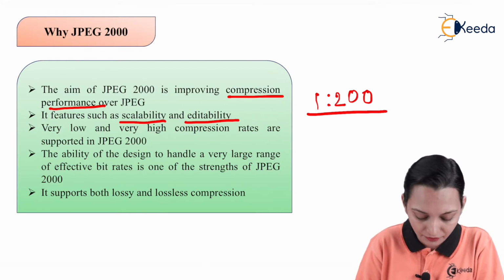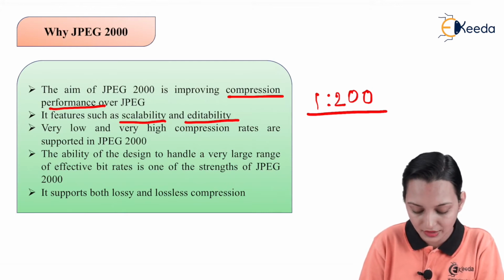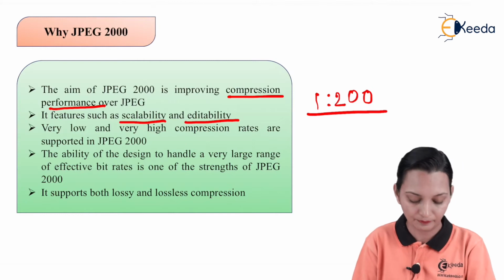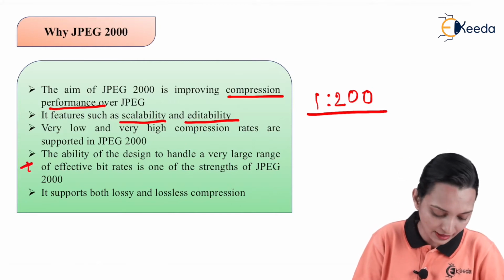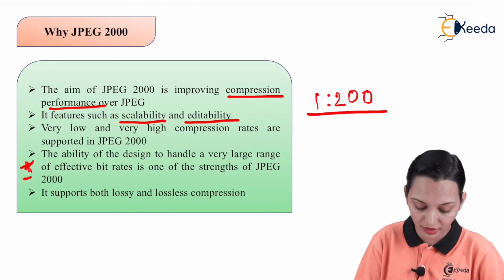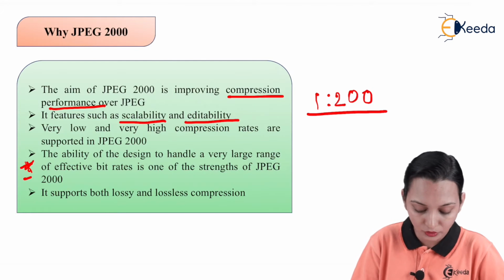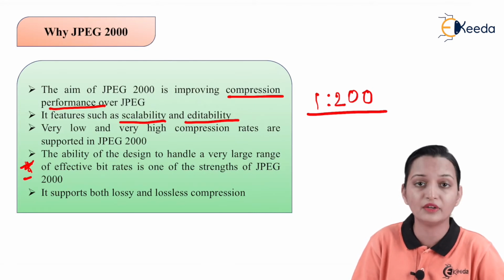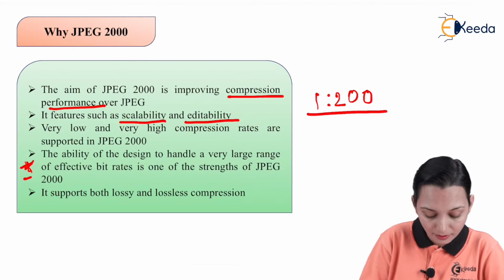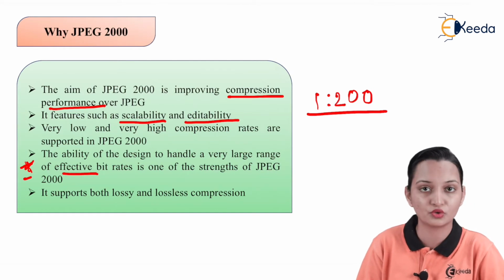The ability of the design to handle a very large range of effective bit rates is one of the strengths of JPEG 2000, and this is an important parameter which tells us the advantages. What is that? The ability to handle a very large range of effective bit rates. The term effective will play an important role.